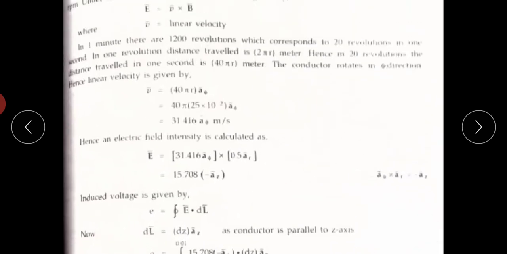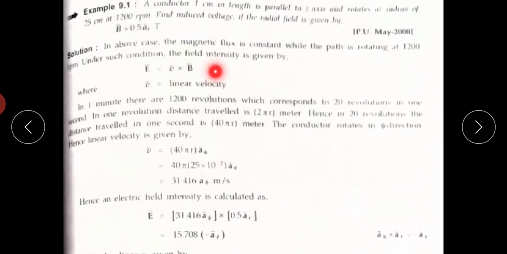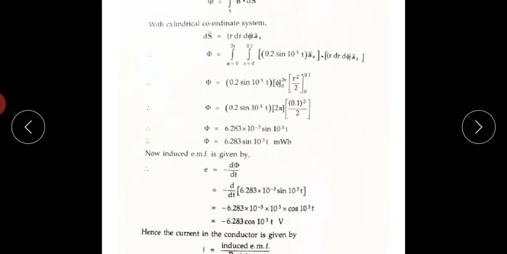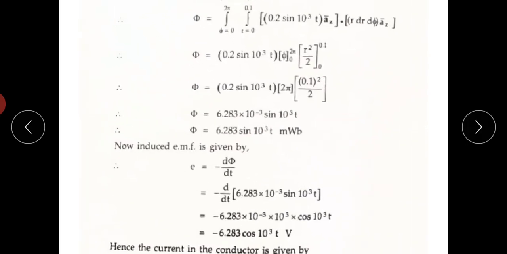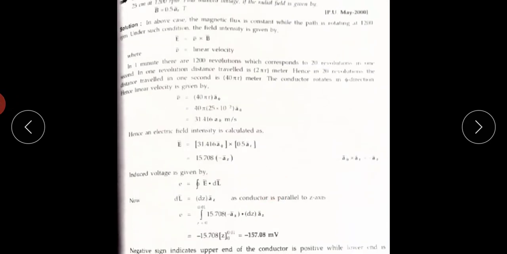Here, first one, the dynamically induced EMF. Dynamically induced EMF formula e equals V bar cross B bar. So next one, statically induced EMF. Statically induced EMF e equals minus d psi by dt. So here, first find the linear velocity V bar.